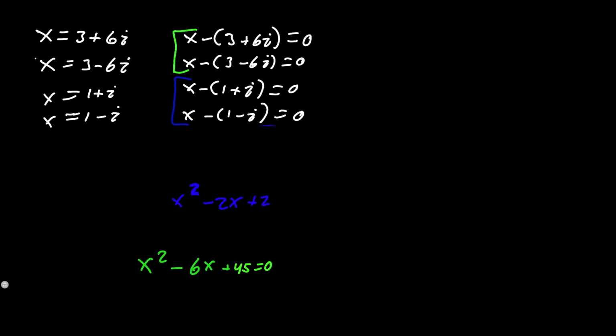So now what we can do is expand these two quadratics by multiplying them together. So we have x squared minus 2x plus 2 times x squared minus 6x plus 45.